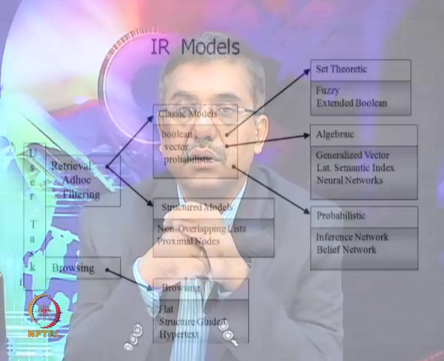How does one capture relevance? That means, how do you know that for a particular query, whatever is contained in the document is relevant to that query? This is the question of relevance, a very important point.